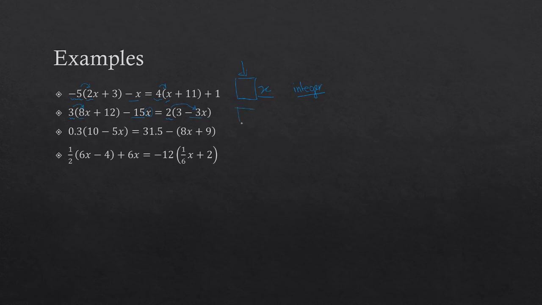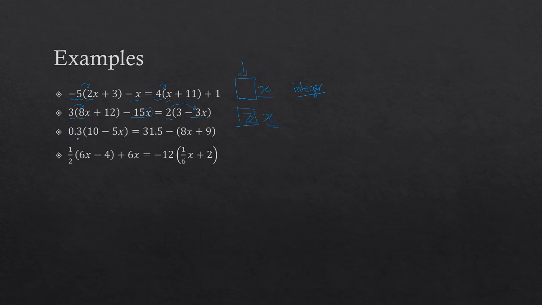So we have integers multiplied by x, which are rational. So it is also linear and it's with rational coefficients.